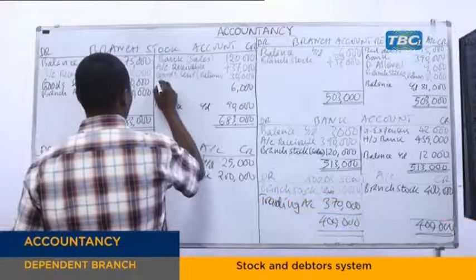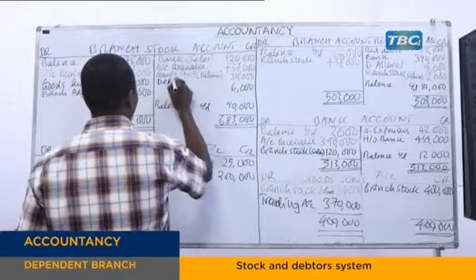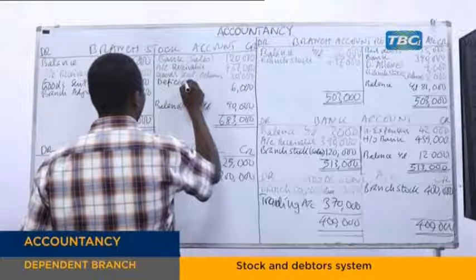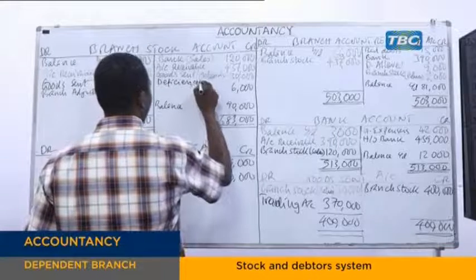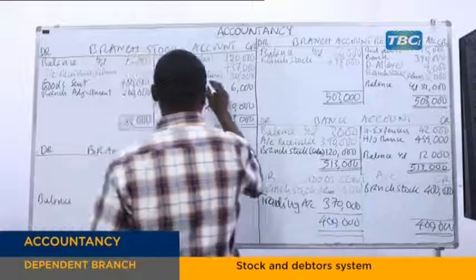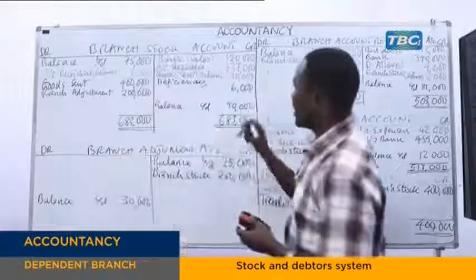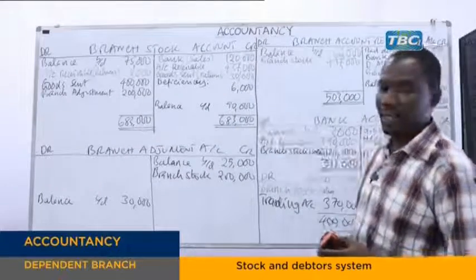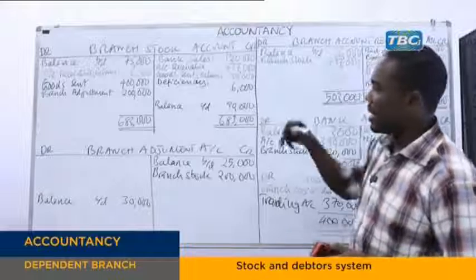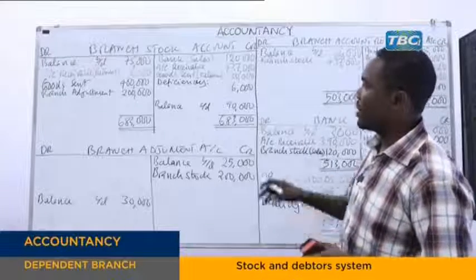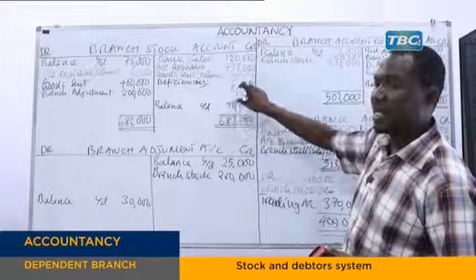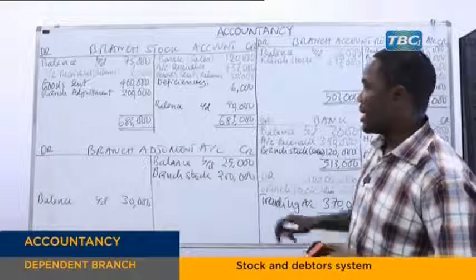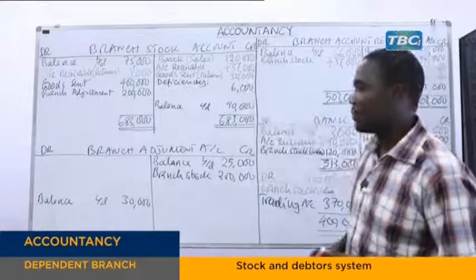So that is the deficiency. If it has failed to agree by 6,000, as I said previously, and because we are not told that the deficiency will be anomalous, then we need to give it attention.